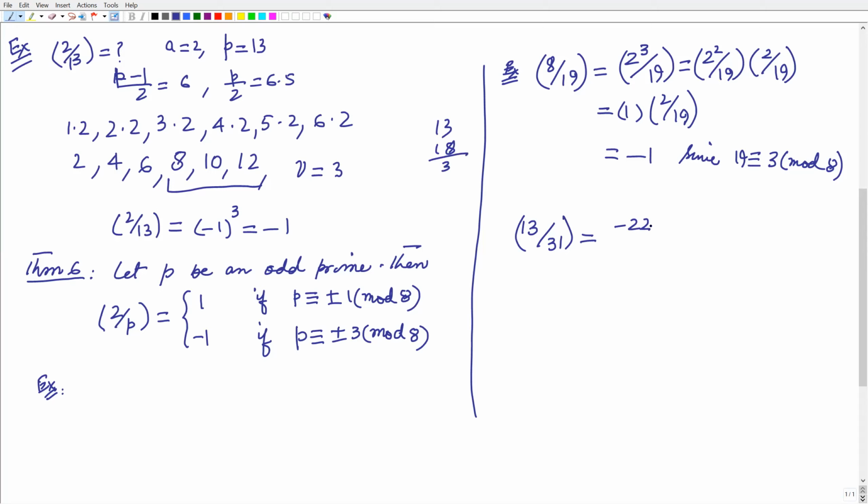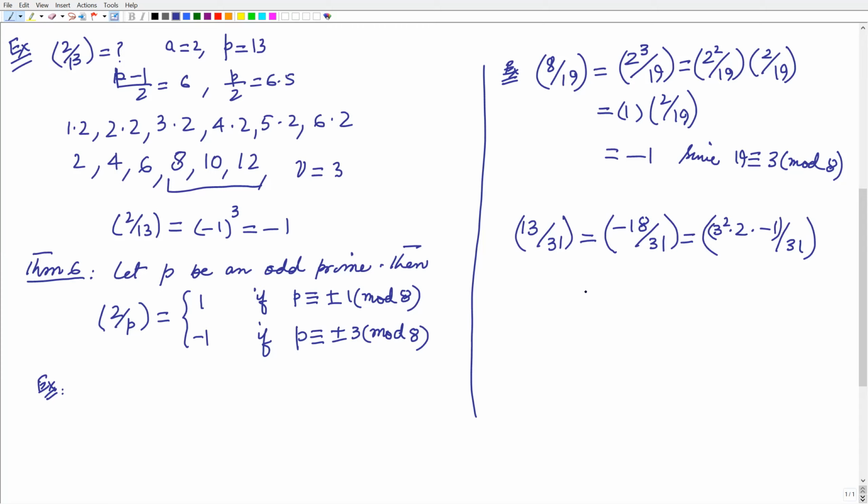So this will be minus 18 over 31. Minus 18 can be written as 3 squared times 2 times minus 1 over 31.